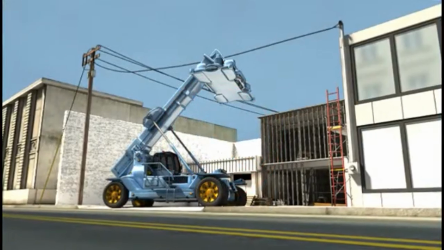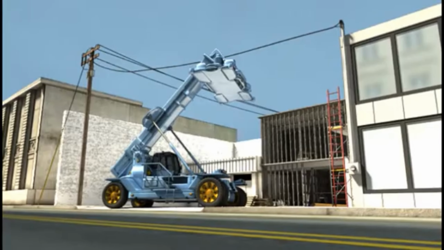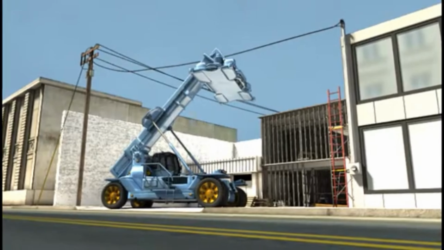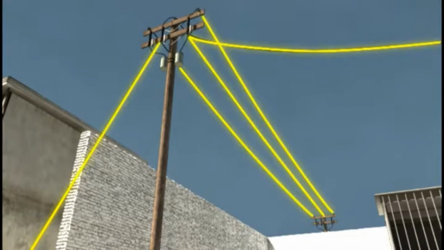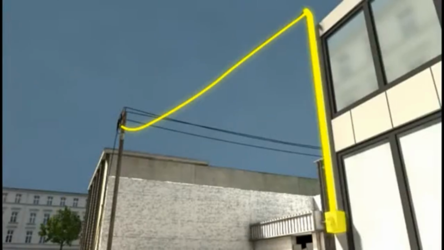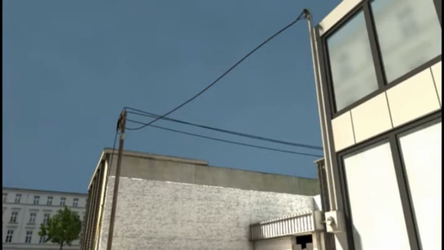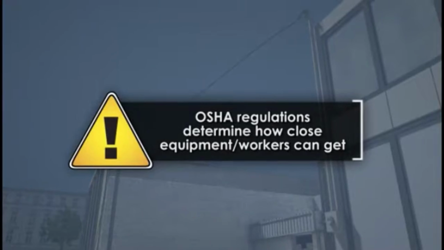Electricity is one of the biggest dangers in crane and rigging operations. When performing an outdoor job, operators and riggers must know the location of all nearby power lines and live electrical components. There are specific OSHA regulations based on line voltage that determine how close equipment or workers can get to a power line.